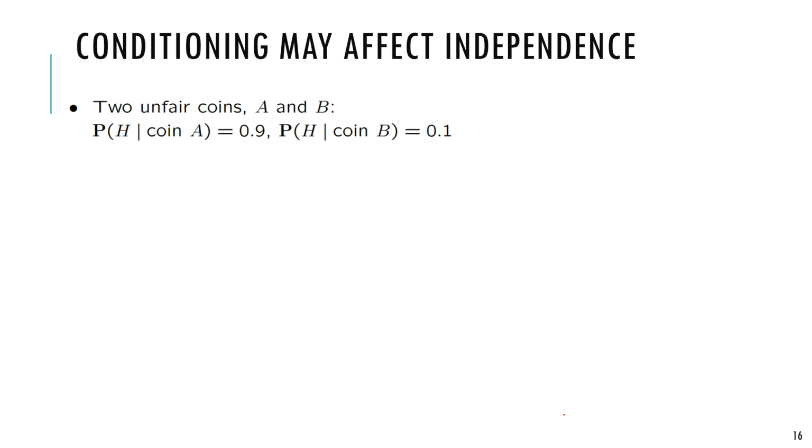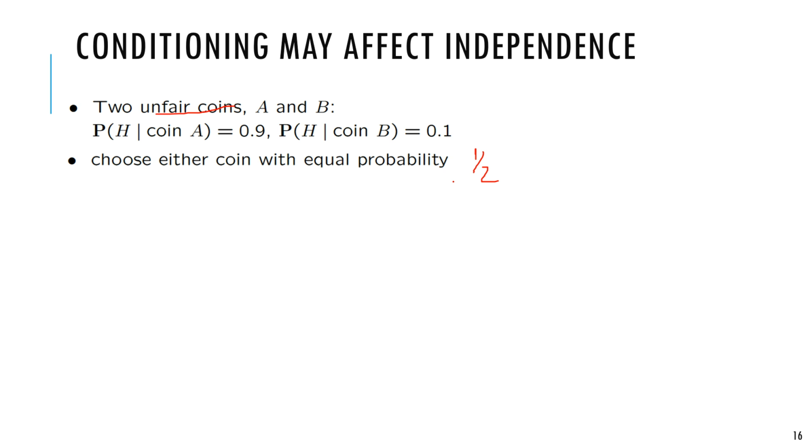Here we have two unfair coins, A and B. The probability of heads for coin A is 0.9, but for coin B the probability of heads is just 0.1. These are two unfair coins. We choose a coin with equal probability, so the probability of each is 1/2.